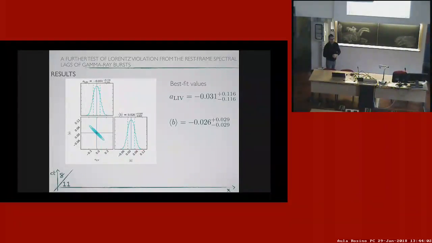These are the results. A_LIV is tiny, in a sense, and B is the intrinsic contribution. These fits were obtained by means of the maximum likelihood estimation and the chi-square method.